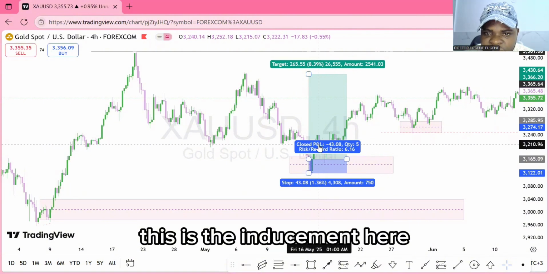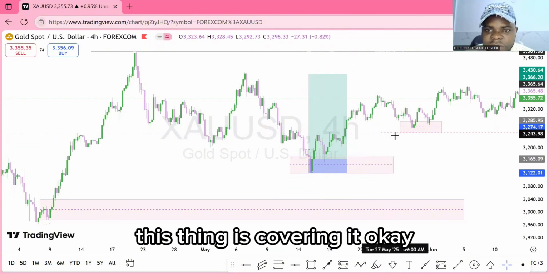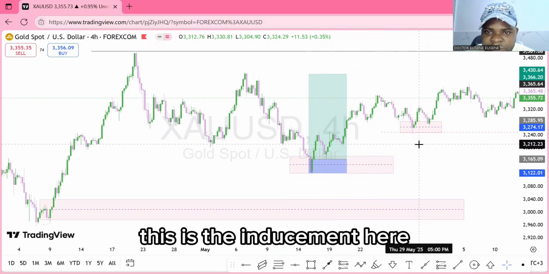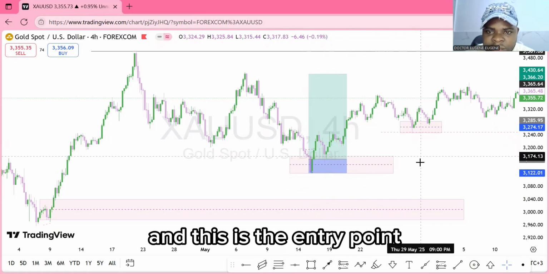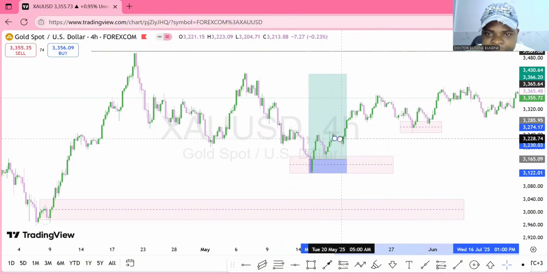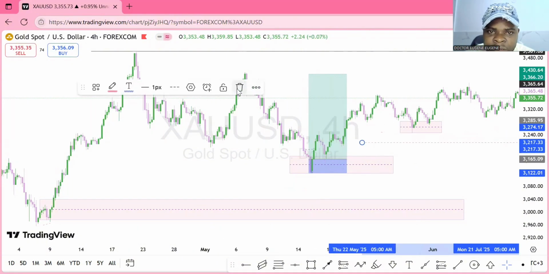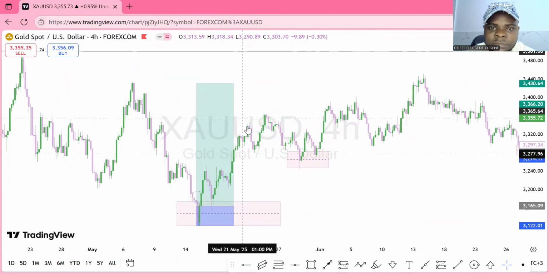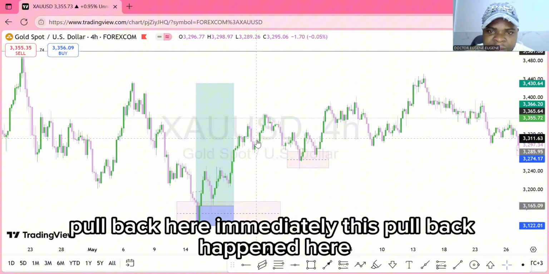This is the inducement here. This thing is covering it. Okay, something like this, use this to see. This is the inducement here, and this is the entry point, and the market started moving. After here, market push up, pull back here.